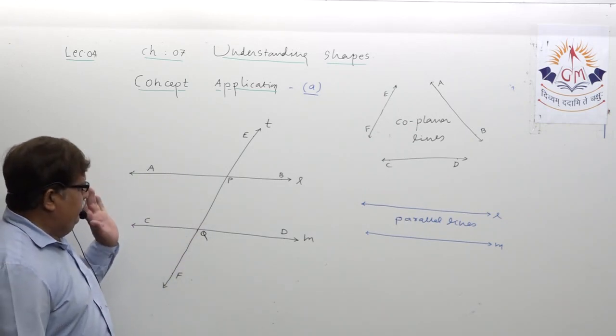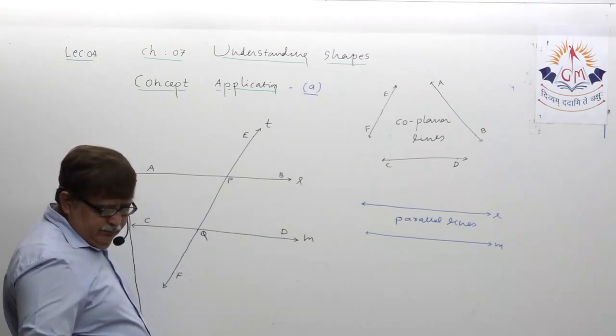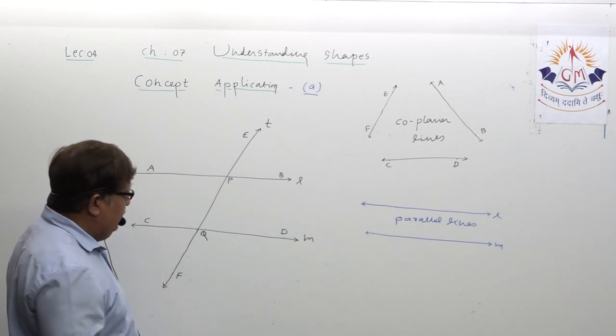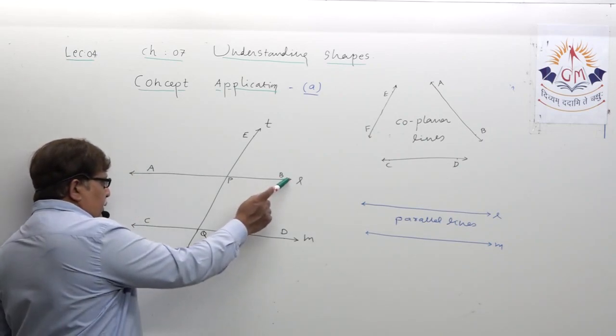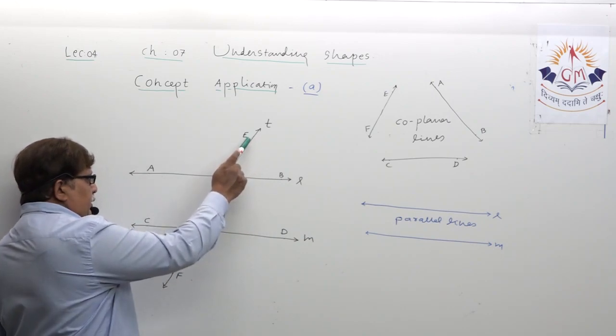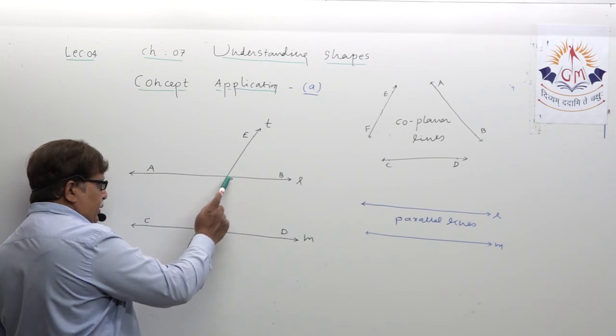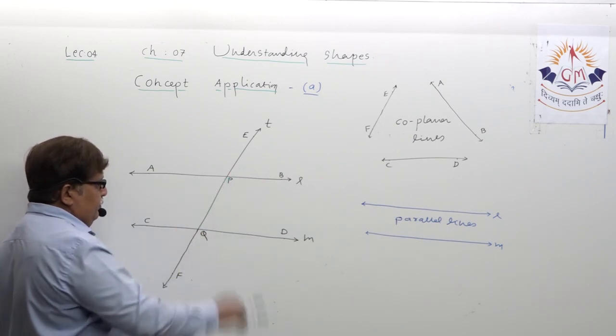Now, dear student, two coplanar lines, another line intersecting them at P and Q.